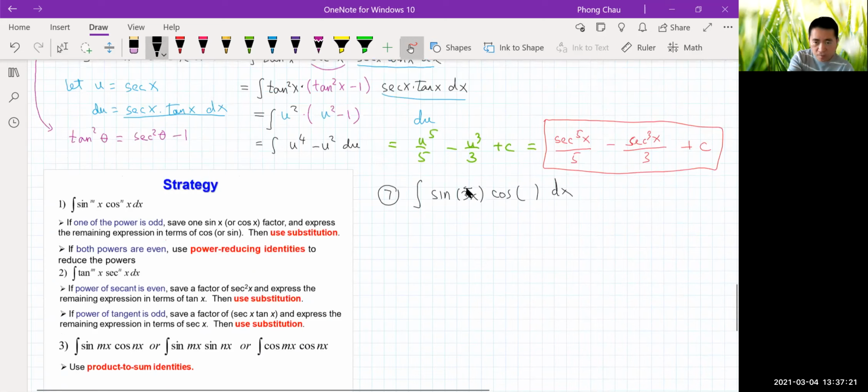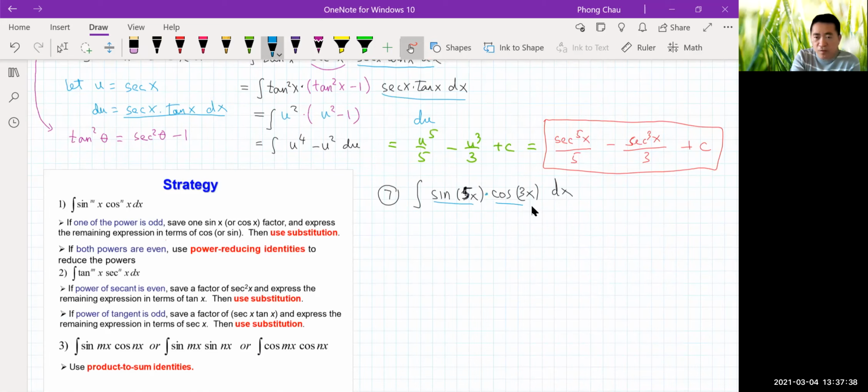So that is 5x, and that is 3x. Now we see the problem in this one is a multiplication, right?